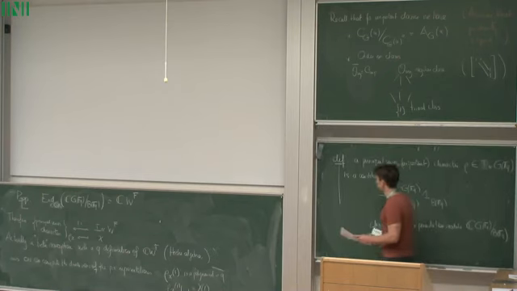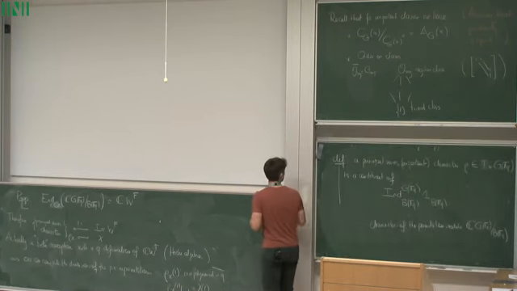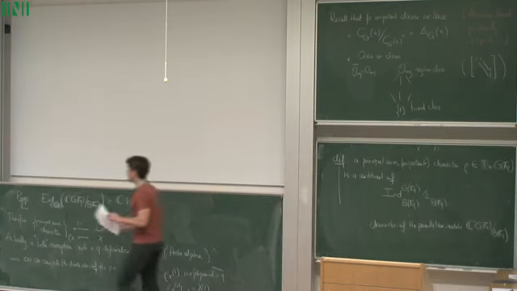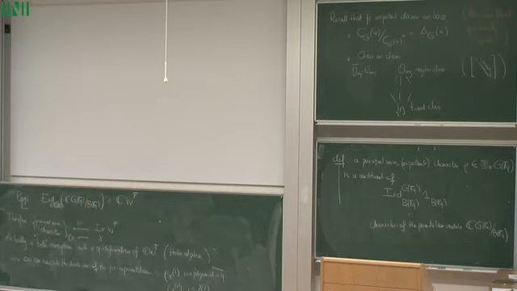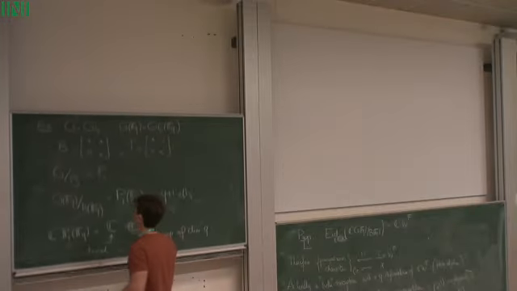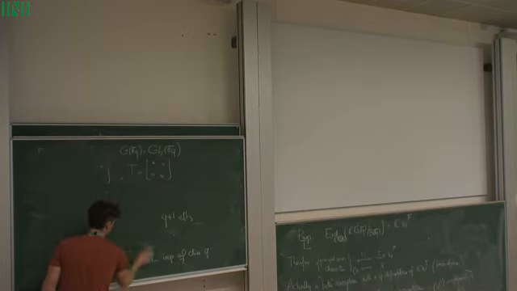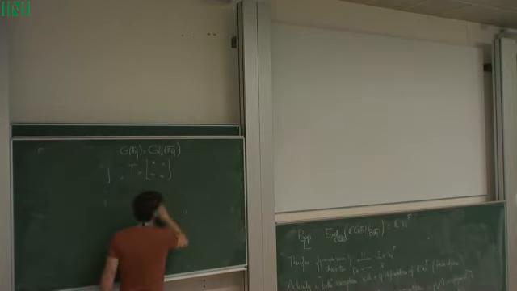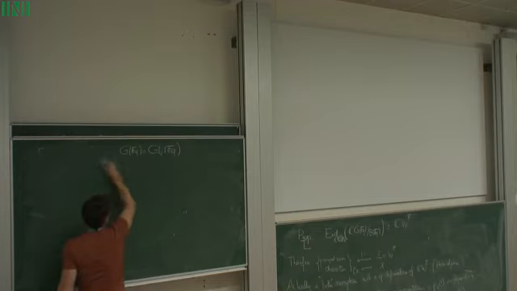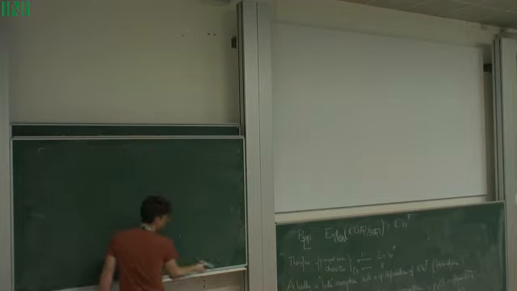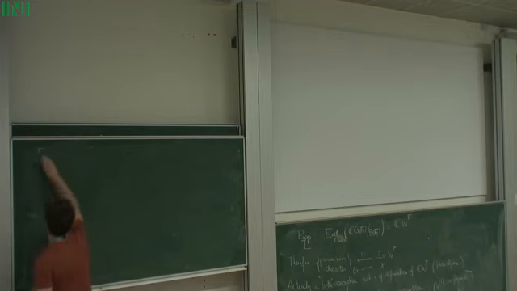The first thing you can notice is that for GLN again, the unipotent characters are parameterized by partitions of n, and so are the unipotent classes. So there is an obvious map, with the notion of unipotent supports.